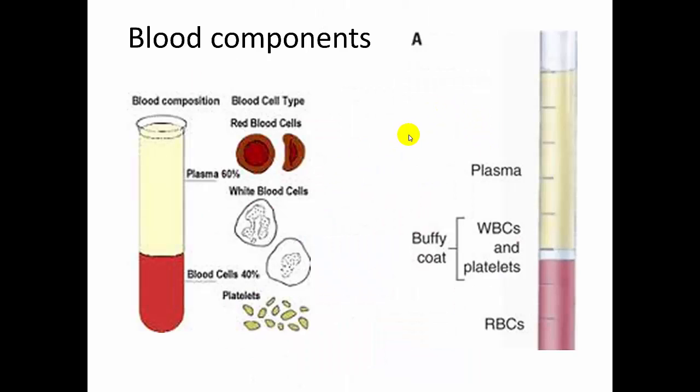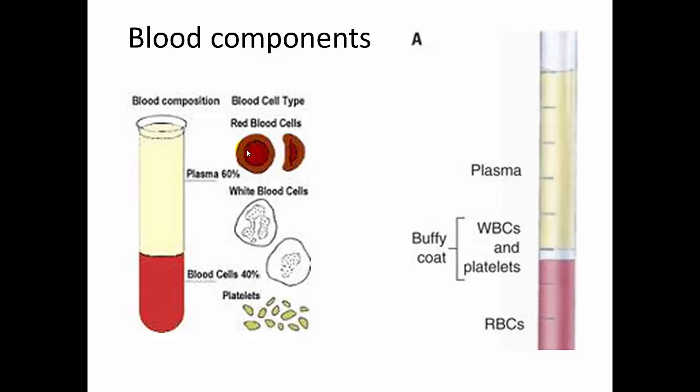So again, just to show the components of the blood, primarily we're talking about the cells, but the cells make up a relatively small portion of circulating blood volume.